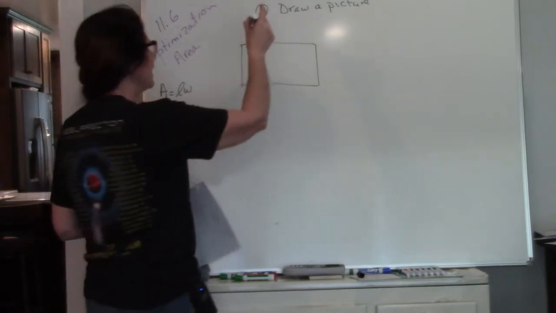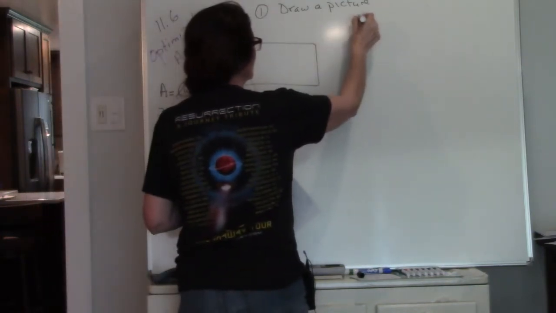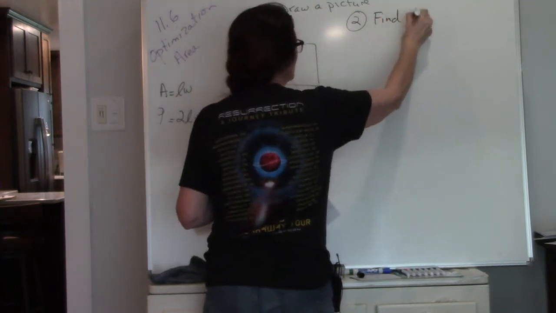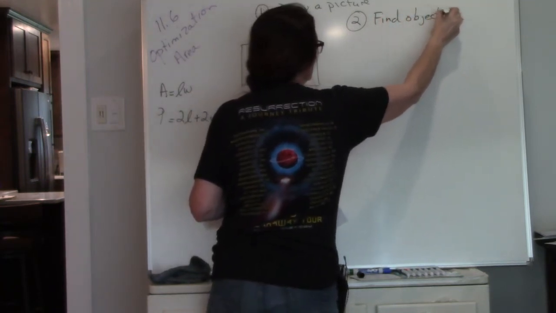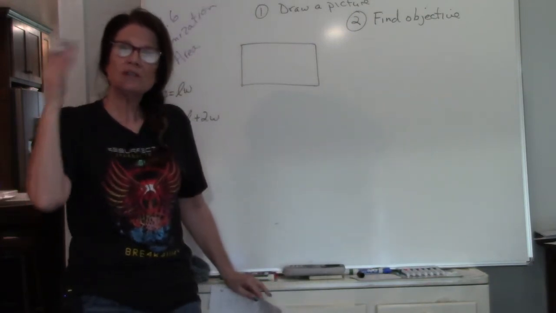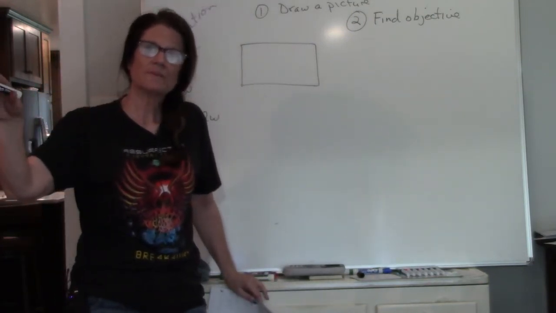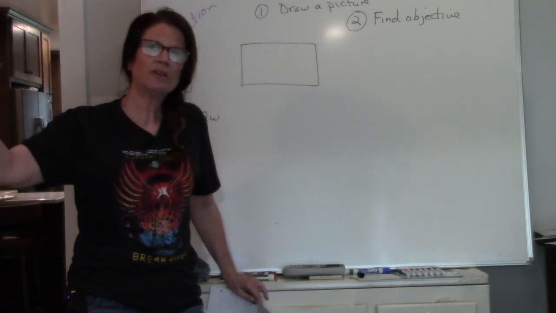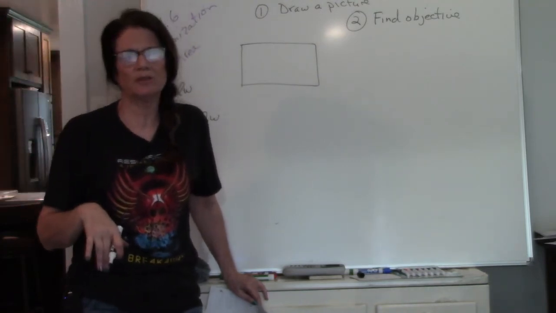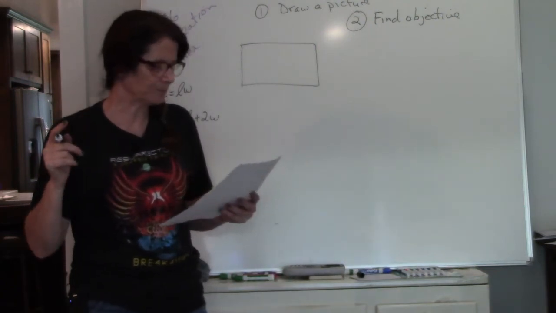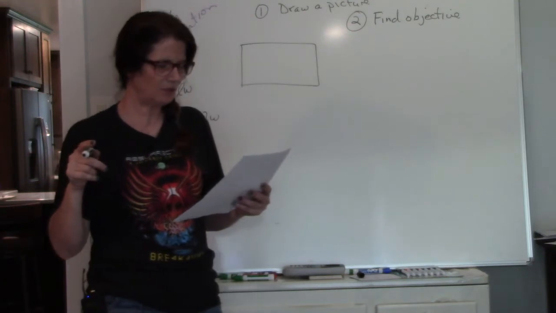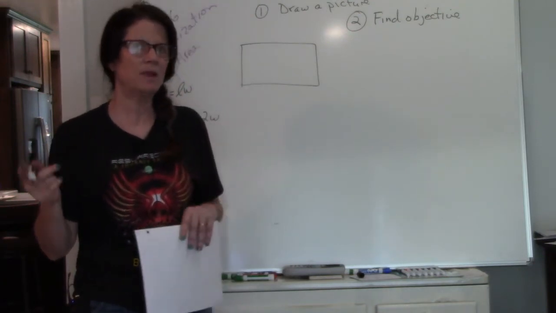So the second thing that we're going to do is we are going to find the objective. In other words, what are we looking for? So always read the question first, and then going through this process will help you pull out all the required information. So let me read it again. Find the dimensions of a rectangle with a perimeter of 76 feet that has a maximum area.